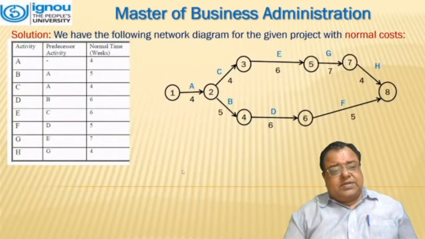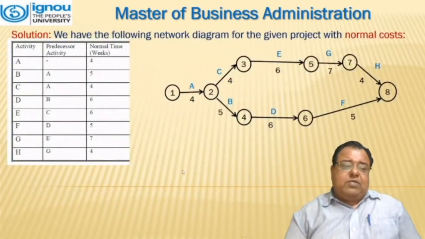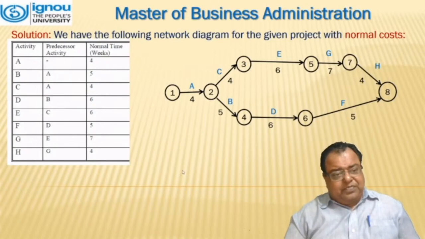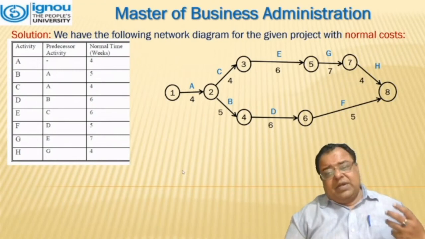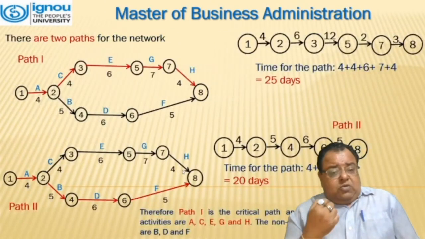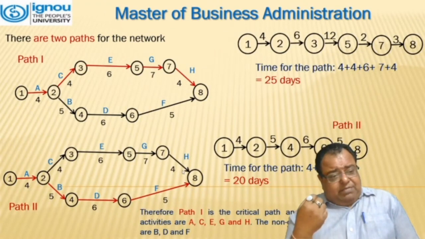First of all, we have to draw the critical path diagram. Then we have to assign the normal time which is given in the problem. We have 8 activities over here and we have 2 paths for performing it. For the 2 paths, we have to calculate the time period.